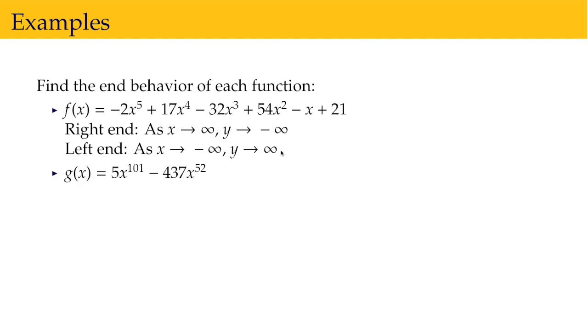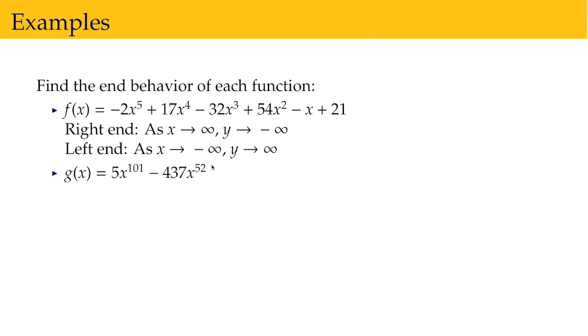Let's do another one. So I've got g of x equals 5x to the 101 minus 437x to the 52. So even though this is a very large coefficient, and x to the 52 certainly is a sizable degree for this term, the degree of my polynomial is 101, so I just want to look at my dominating term.